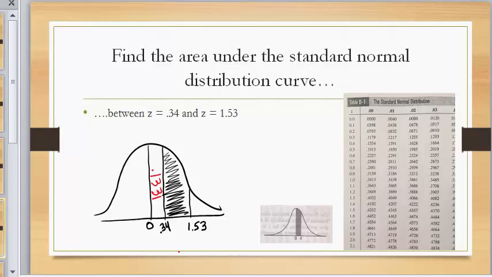Okay, so now let's look up 1.53. When you look up 1.53, you should be at 0.4370. And again, that is the area from 0 to 1.53. So that section right there, 4370.